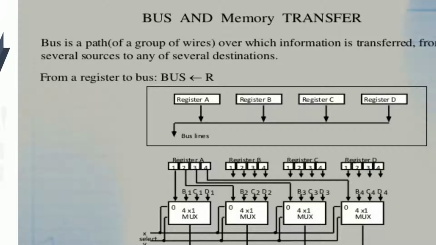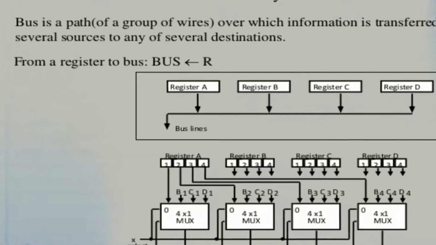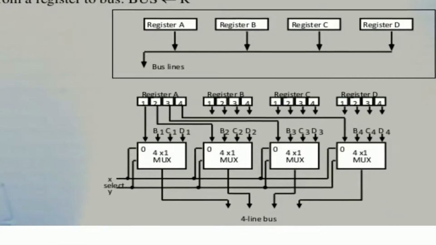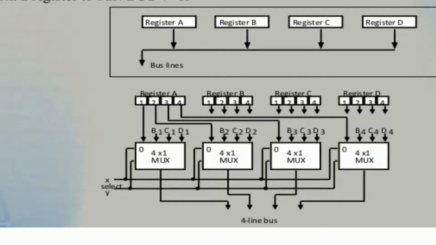Look here. Register A contains 4 bits, register B again contains 4 bits, register C again 4 bits, register D 4 bits. Totally how many bits are there? 4 into 4, 16 bits. We are taking four 4 cross 1 multiplexers. The size of each multiplexer is 4 cross 1.